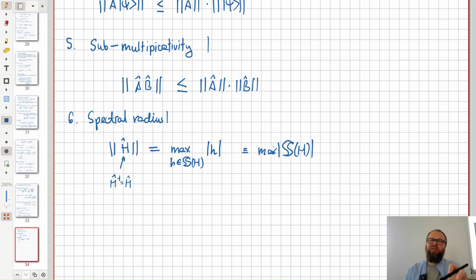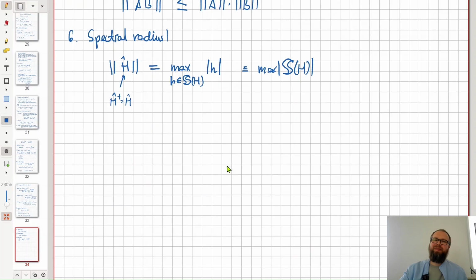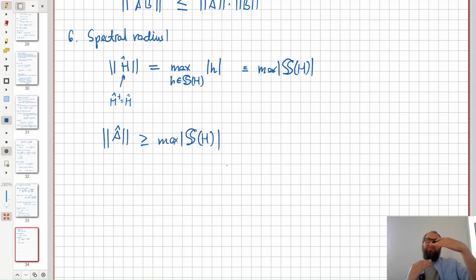This is true for the standard norm. For Frobenius, it would probably be a one norm of the whole spectrum. And this is for Hermitian operators. For non-Hermitian operators, so for any A, not necessarily Hermitian, we only get a bound from below. It's still connected, but from below. But we will not be dealing with non-Hermitian operators, basically.